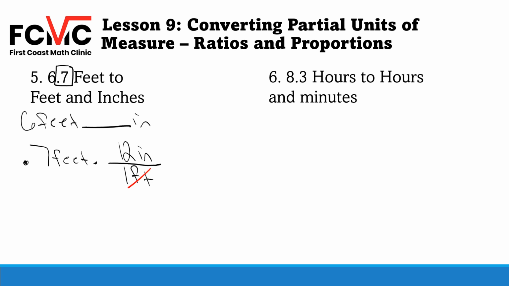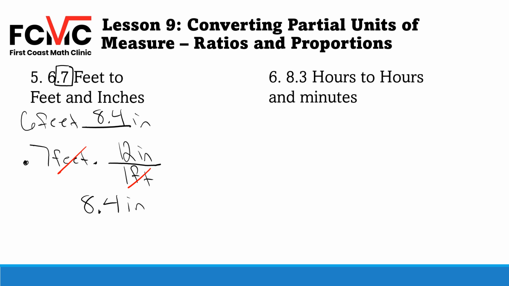So feet and feet cancel out, and 0.7 times 12 is going to give us 8.4 inches. So 6 feet, 8.4 inches.